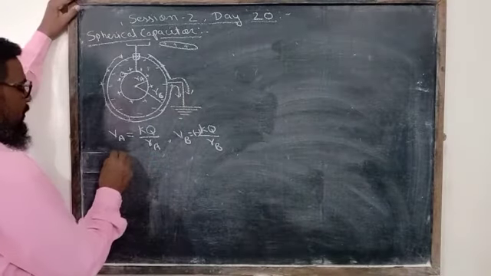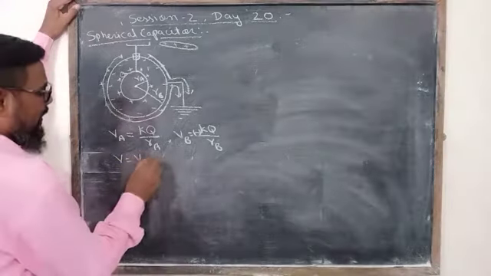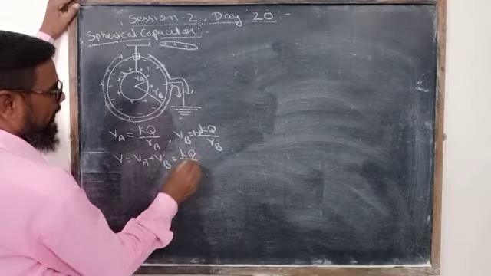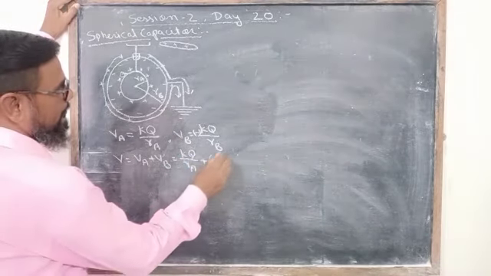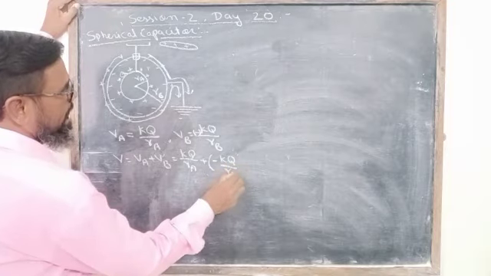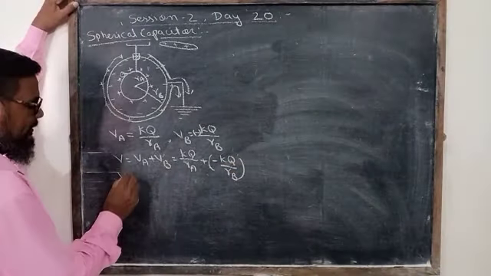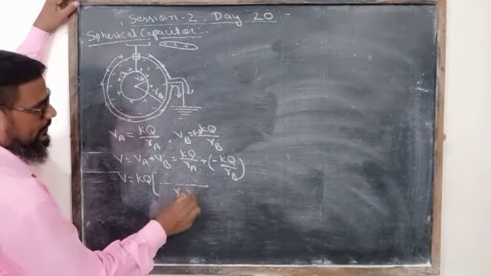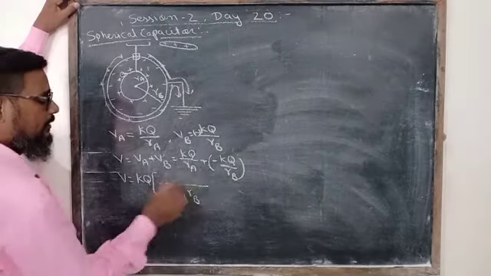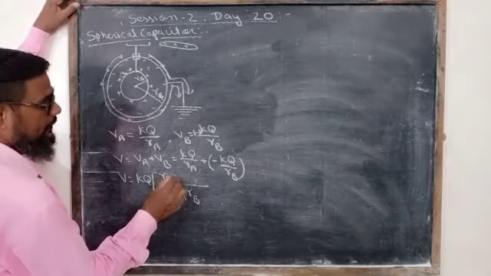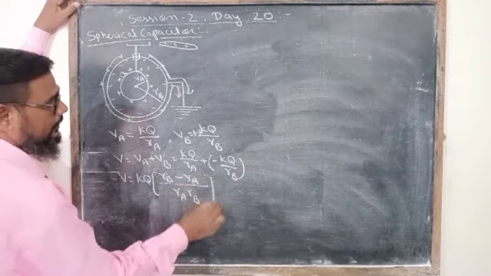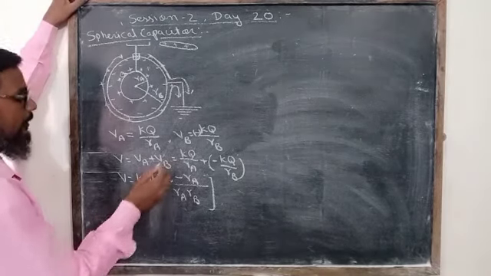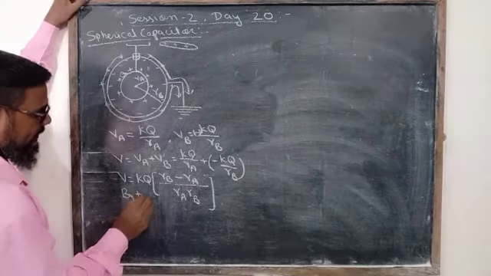So net potential V is equal to VA plus VB, means KQ upon RA plus minus KQ upon RB, and V is equal to KQ times (RB minus RA) upon RA RB, where RA RB is considered as the LCM.